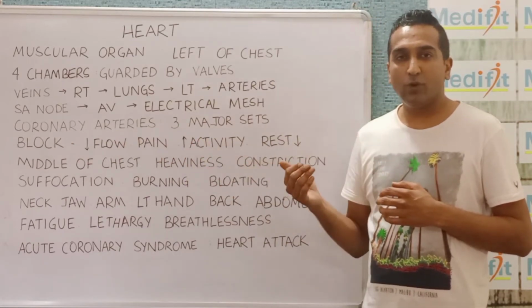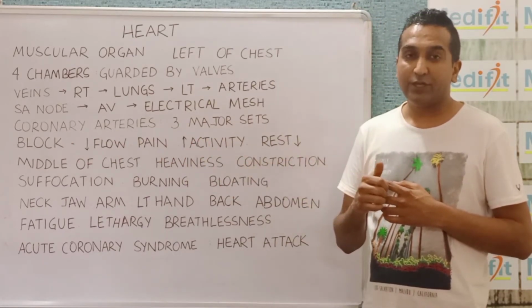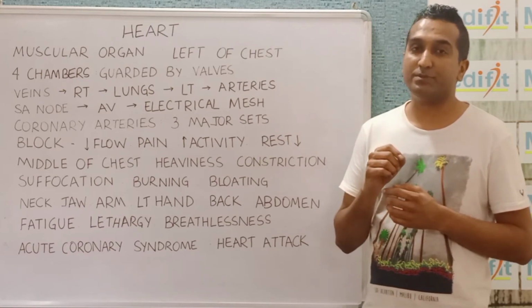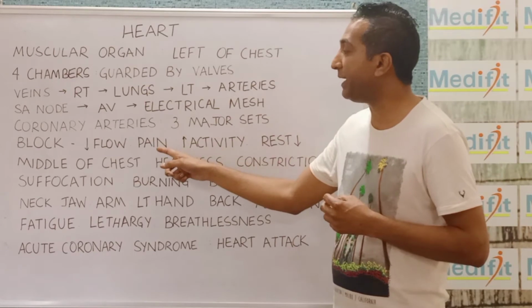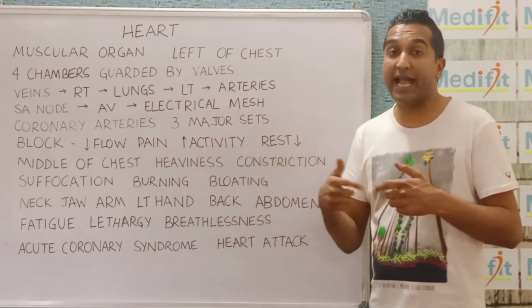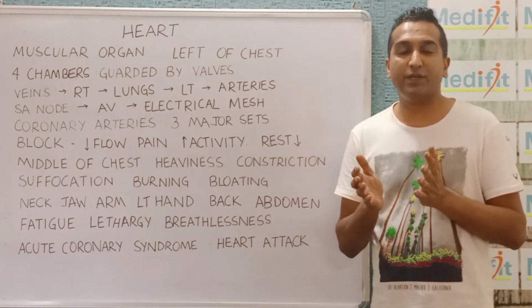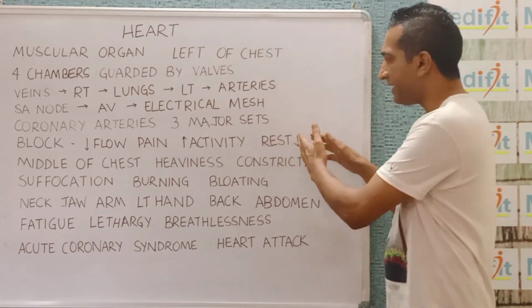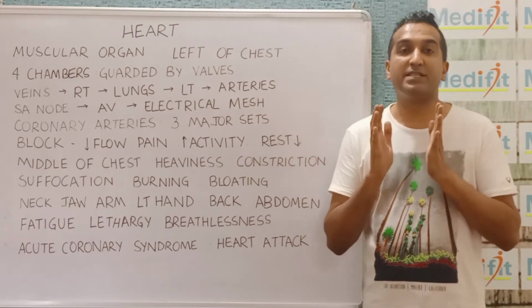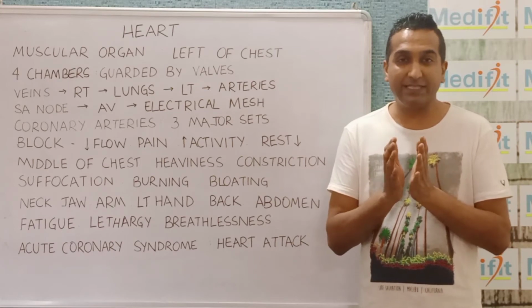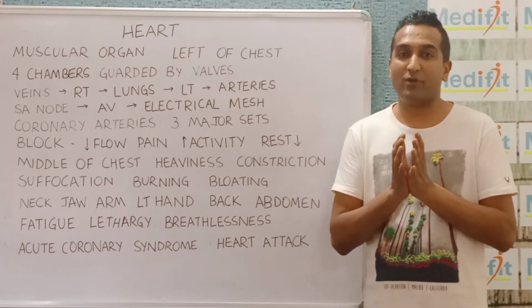If the blood flow is not adequate to the needs of the heart muscles, they start causing symptoms, the most important of which is pain. When does this pain come? Generally on activity or aggravated by activity, because we know the oxygen needs increase with activity. And when we take rest, it is relieved. This is called classic angina. Pain on activity, relieved by rest.